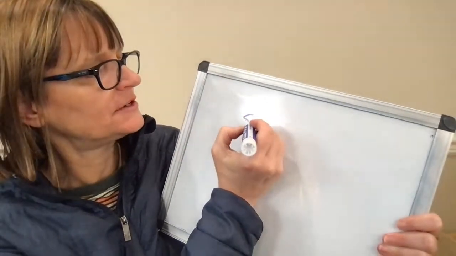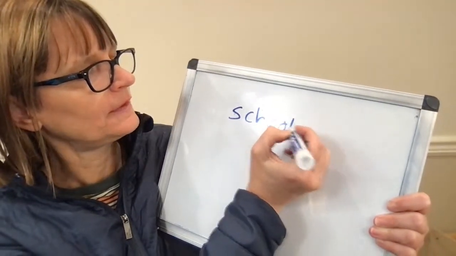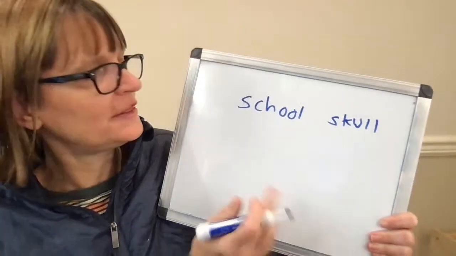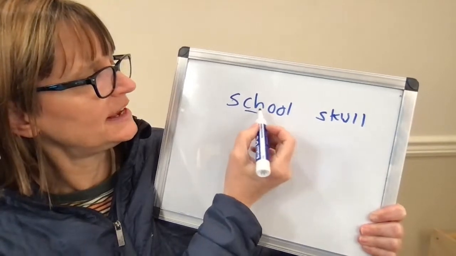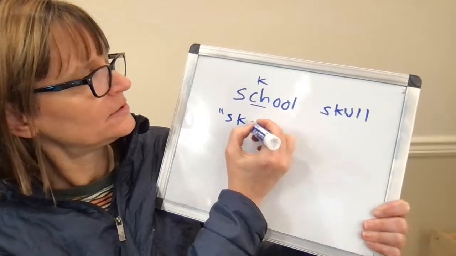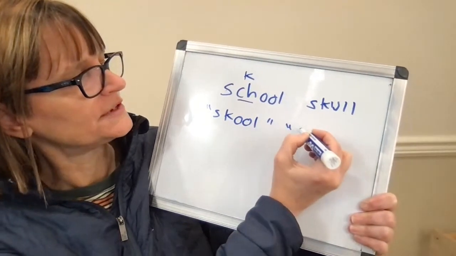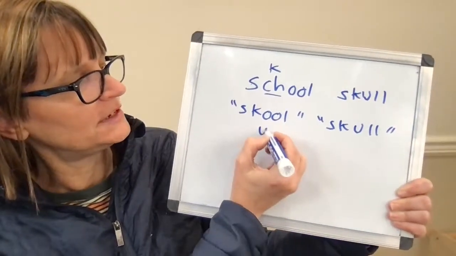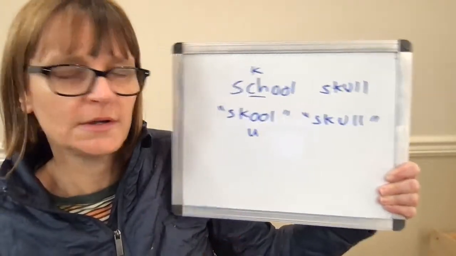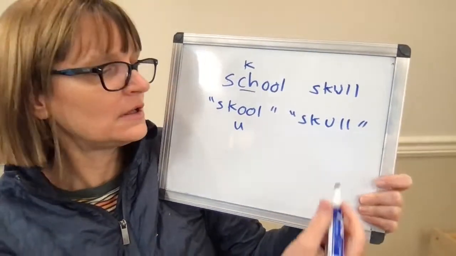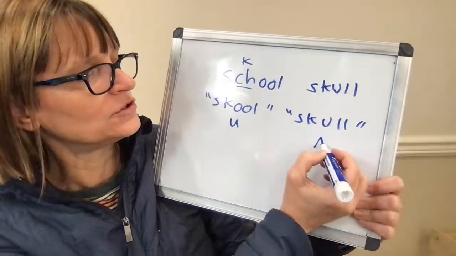Okay, we have a question about school and skull. So they're more similar than you might think. Same beginning words. So CH just says a K sound. So it would be more like school versus skull. So the main difference is in school, we have the oo rounded, tense oo vowel. And in skull, we have the vowel schwa.